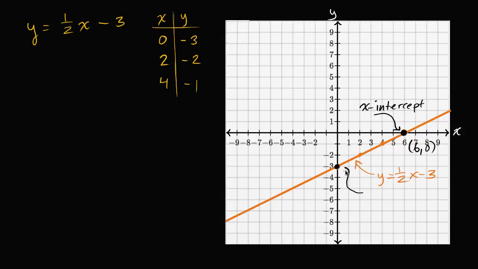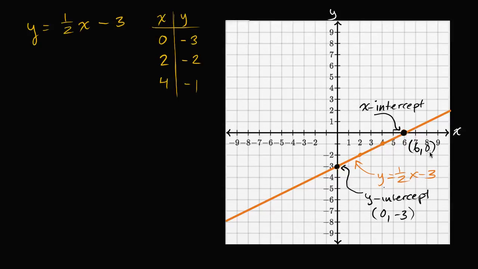And the y-intercept is at the coordinate that has a 0 for the x-coordinate. X is 0 here, and y is negative 3. This was actually one of the pairs that we first tried out.